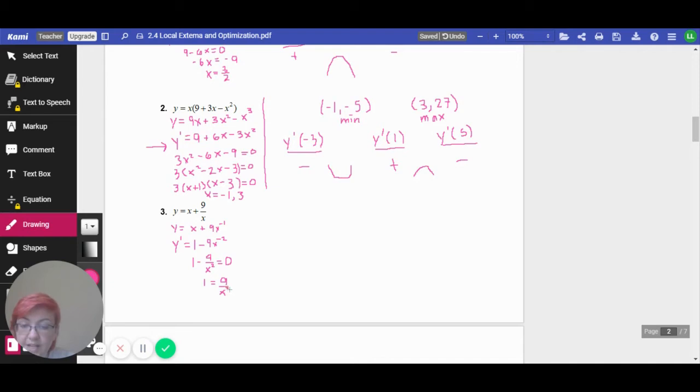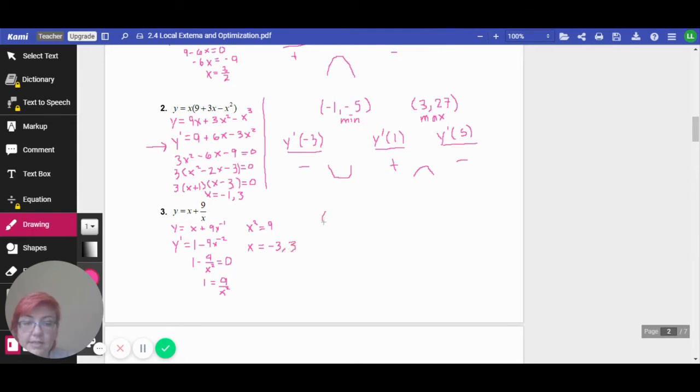If I multiply both sides by x squared to get rid of my denominator, I find that x squared equals 9. So, taking the square root, I find that x is equal to positive and negative 3, because remember, negative 3 times negative 3 also equals 9.